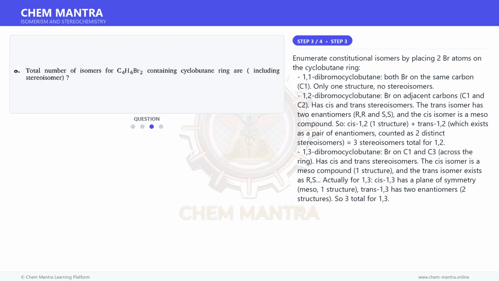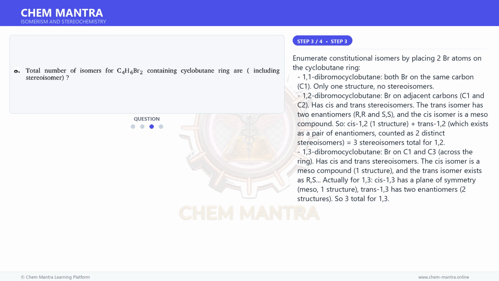1,1-dibromocyclobutane, both Br on the same carbon, C1. Only one structure, no stereoisomers. 1,2-dibromocyclobutane, Br on adjacent carbons, C1 and C2. Has cis and trans stereoisomers.